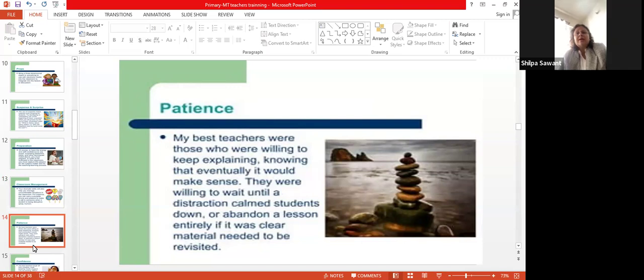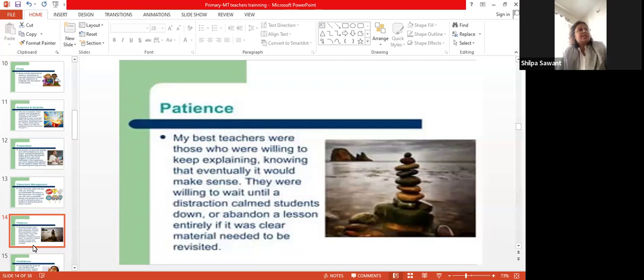Patience. The best teachers were those who were willing to keep explaining, knowing that eventually it would make sense. Sometimes there are 30 students in your class and 12 students really do not understand what you're teaching. You don't have to create an outburst for that, or say, how can you not understand?